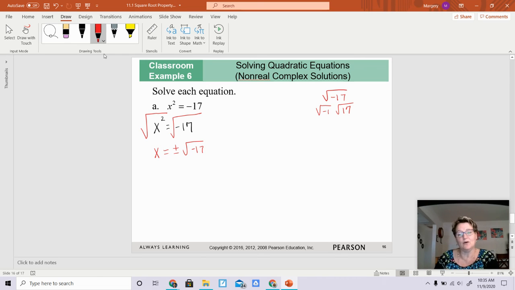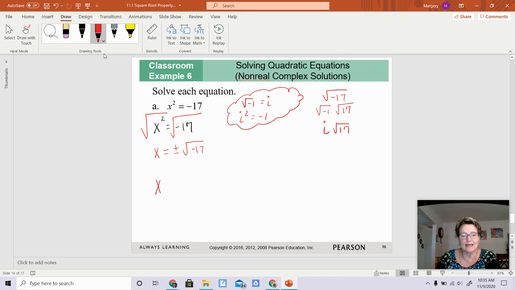Now, we all know from before, and if you forgot, I'm just going to write it out right here. Remember, the square root of negative 1 is equal to i. And then remember, i squared is equal to -1. That's just something that we learned back when we were doing imaginary numbers. So the square root of -1 is i, and you cannot simplify the square root of 17, it's not possible.